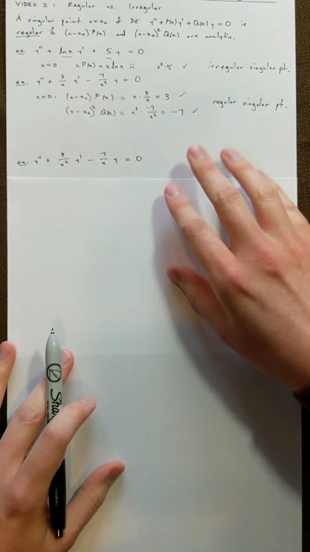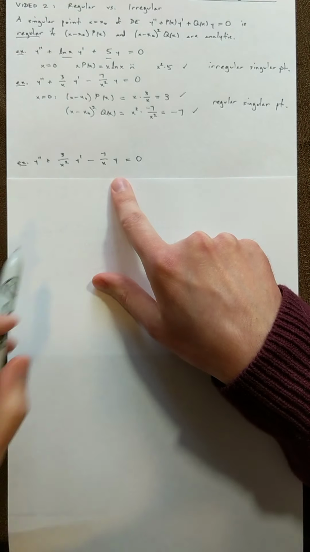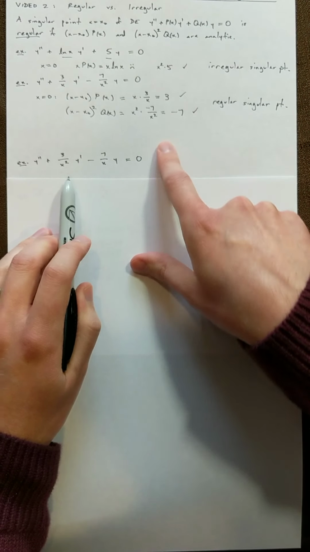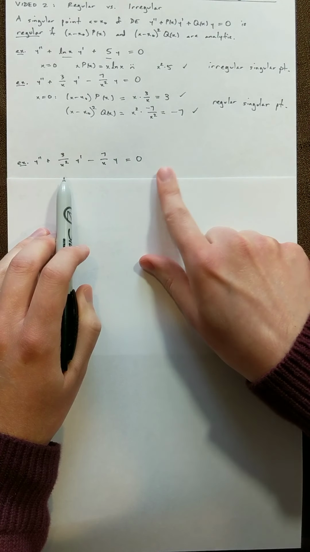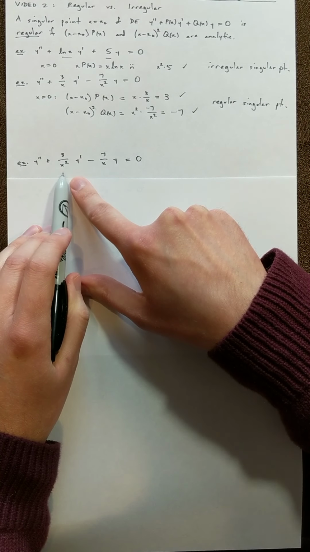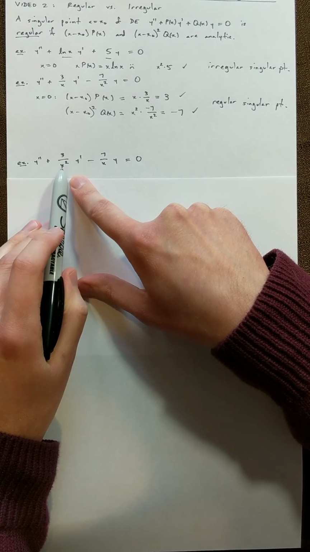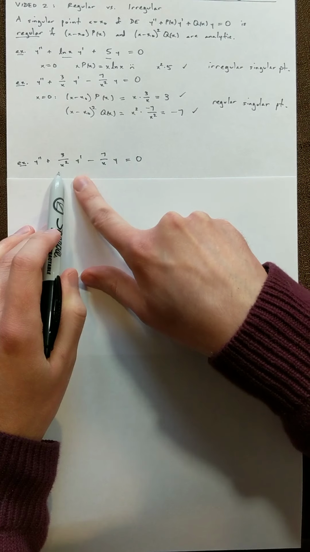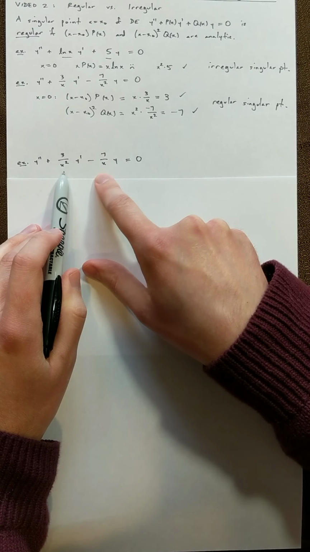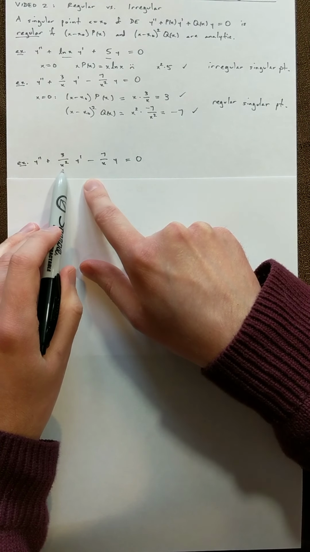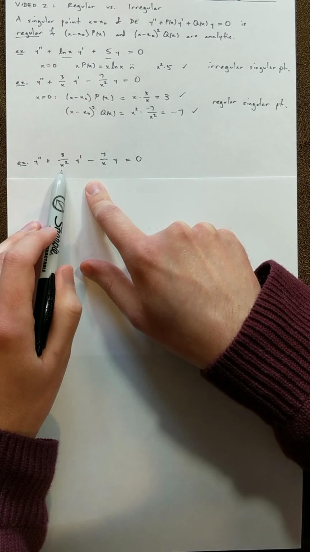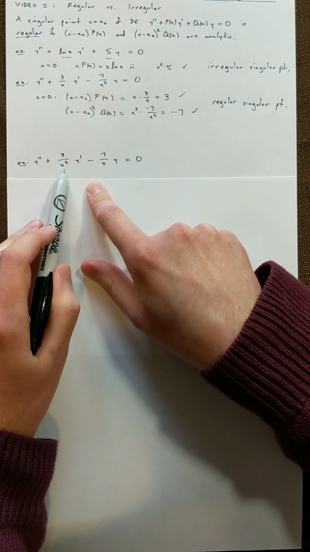So the next example is this one. I'm not going to write down all the steps; you could write it out like this and figure it out on your own. But really, I just want to see if I multiply this by x, since my only singular point is x equals 0. If I multiply this one by 1 power of x, we're still going to be undefined at x equals 0.